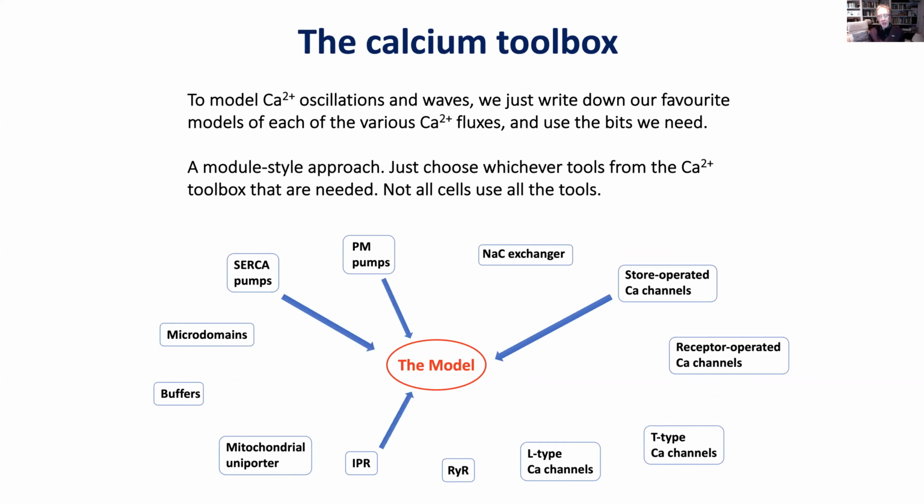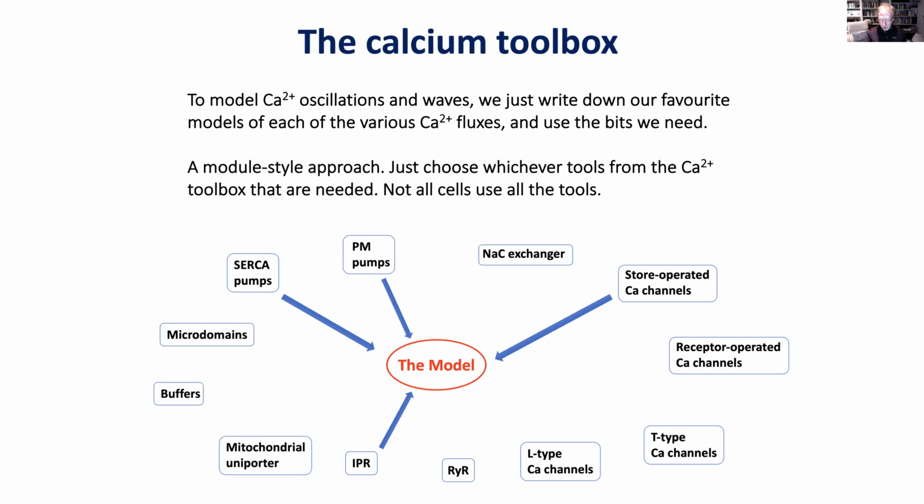So for example, for our cells, for parotid acinar cells, we know that you have to have SERCA pumps and plasma membrane pumps. You've got to have store-operated calcium channels, and you've got to have an IP3 receptor. You also have to have buffers, but I didn't put that arrow in. I'm not sure why I didn't, but I didn't. And most of these other things are probably not as important for the kinds of questions we're asking here.